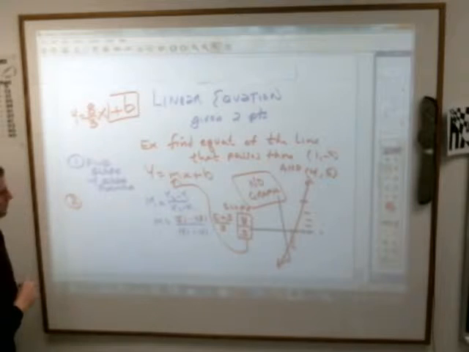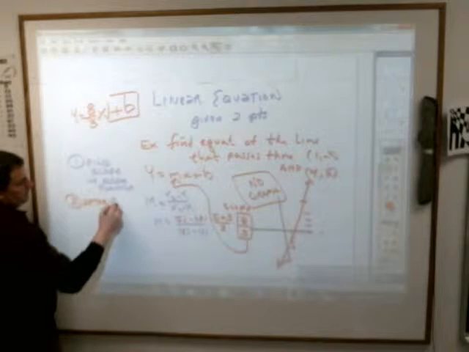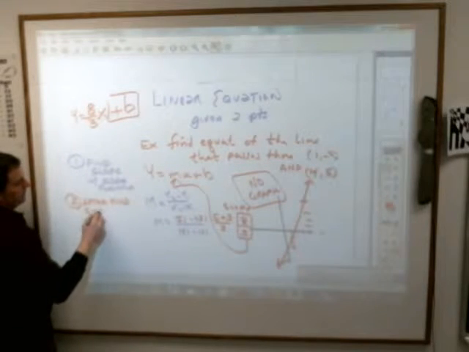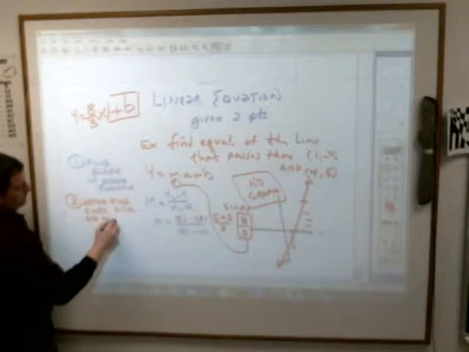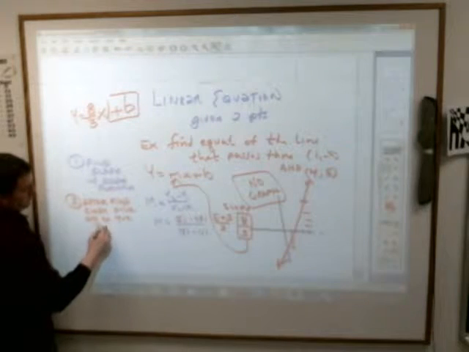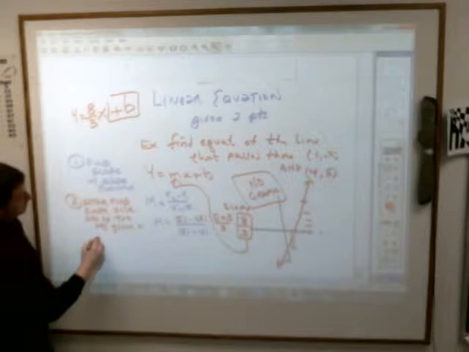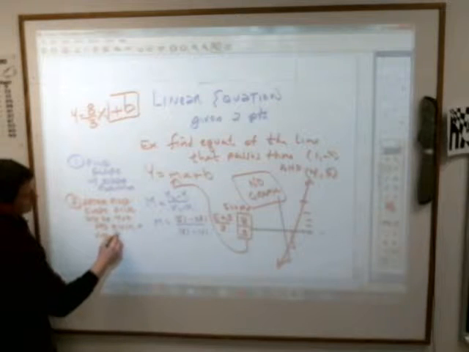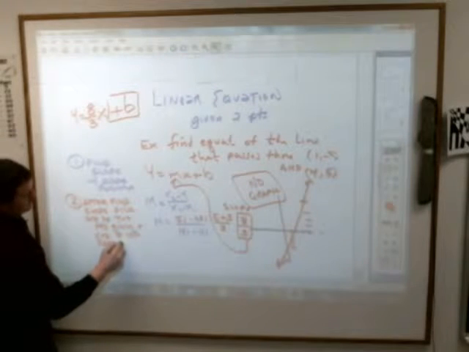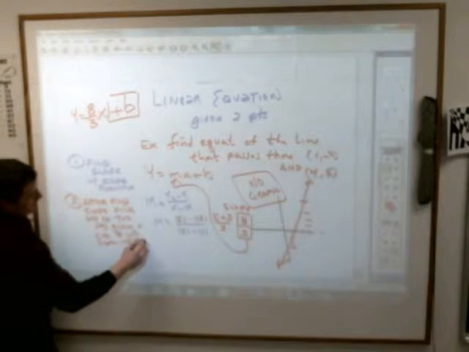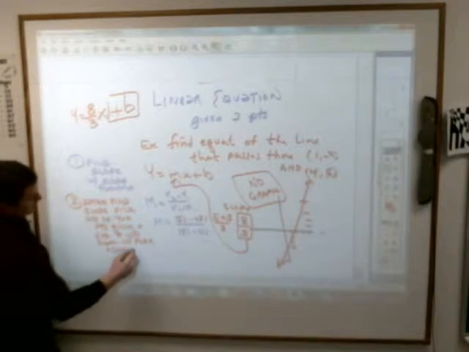Okay, once you do that, here's step 2. After you find the slope, you need to pick one of the 2 points you were given, and substitute those numbers into the slope-intercept formula, and solve for B. Everybody's like, what?